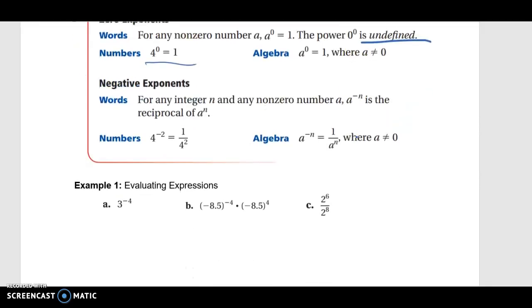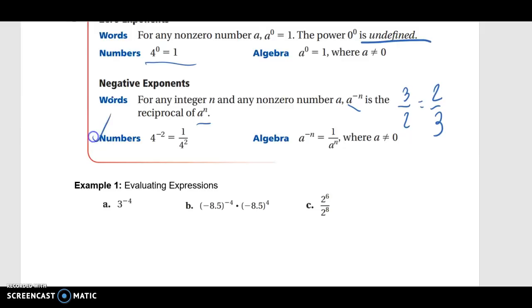And then if we take a look down here, it says for any integer n and any non-zero number a, a to the negative n is the reciprocal of a to the n. So we know that a reciprocal is the opposite, right? It's kind of similar whenever you have negative exponents.